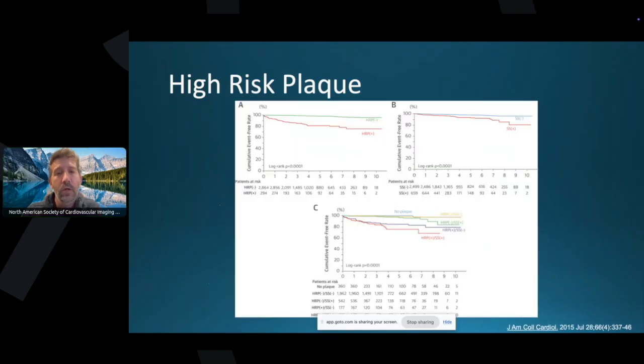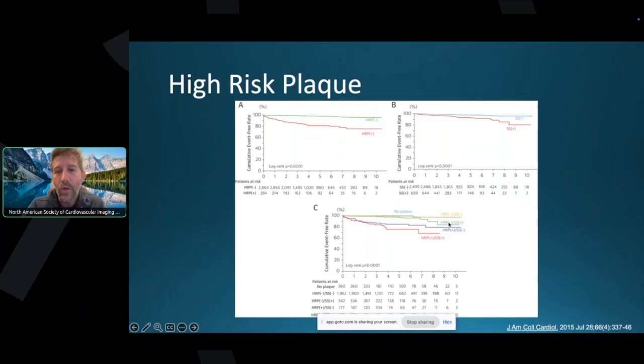I like to show this Kaplan-Meier survival curve where you have multiple lines here. But what I want to show you is, when you don't have high risk plaque and you don't have stenosis, obviously these patients do very well.